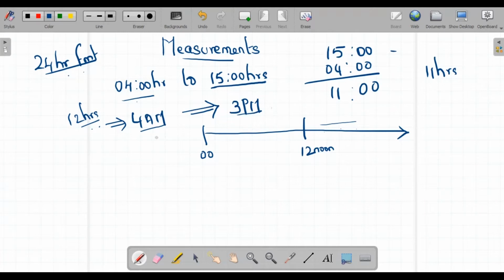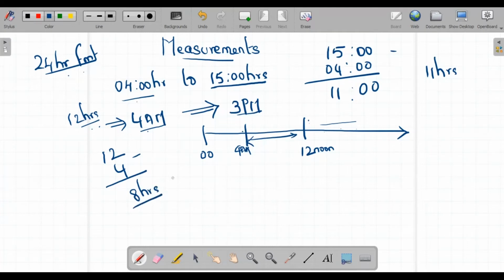Between 4 a.m. and 12 noon, I can find out the number of hours that have passed. Let me mark 4 a.m. somewhere here. So between 4 a.m. and 12 noon, how can I find the number of hours? I can directly subtract 12 minus 4. So I'm going to get 8 hours.